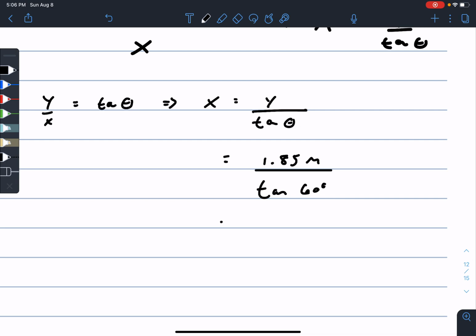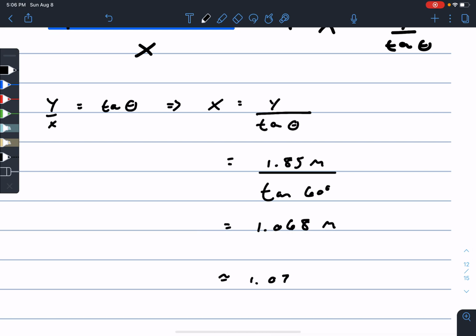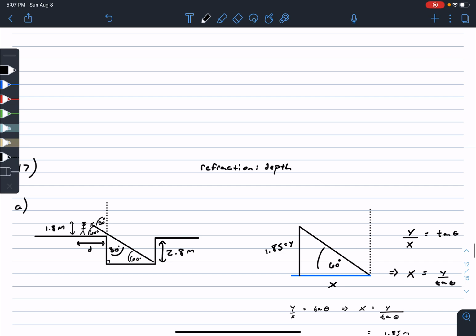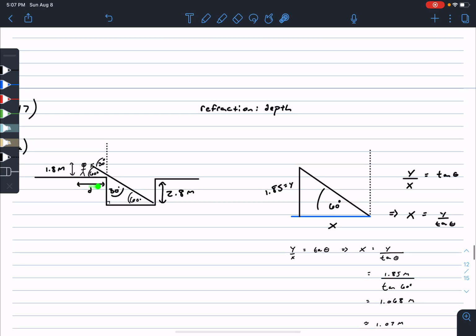That's going to give us a value of 1.068 meters, or we'll say it's 1.07 meters. So this person is standing 1.07 meters away from the edge.